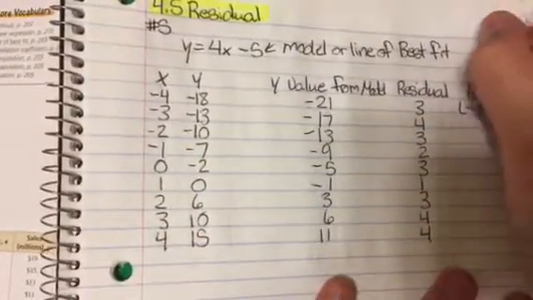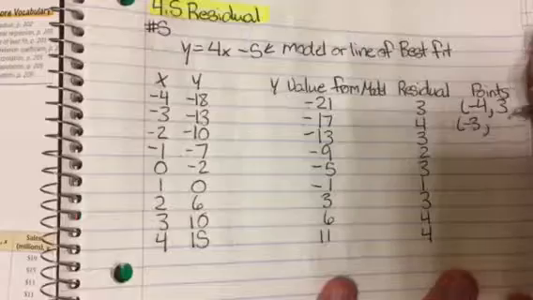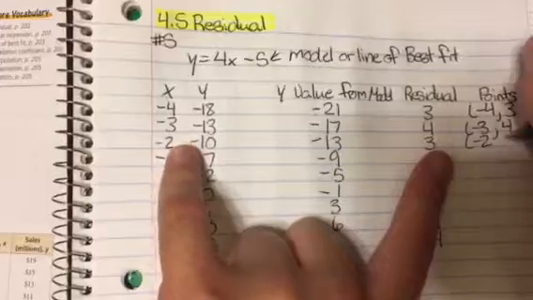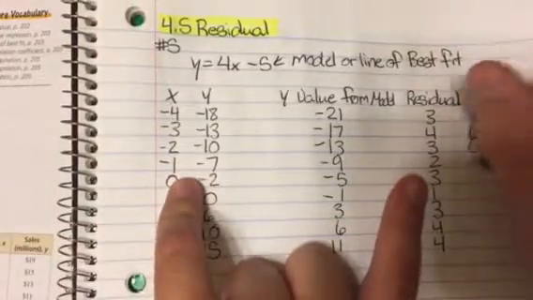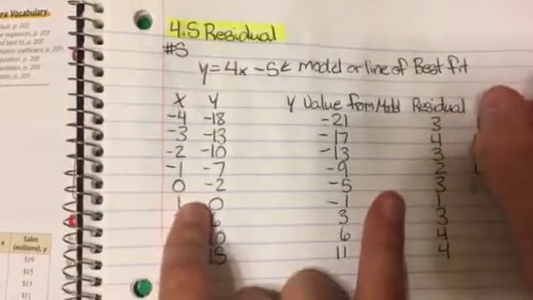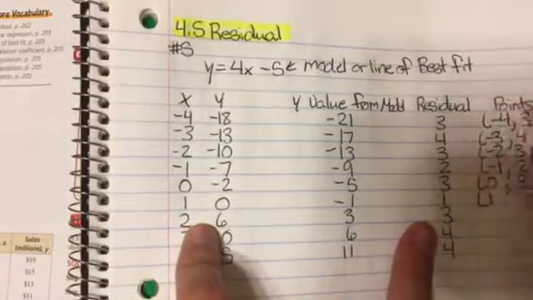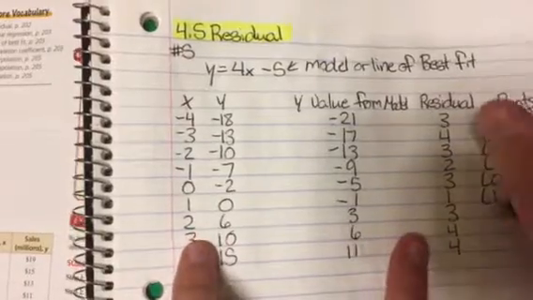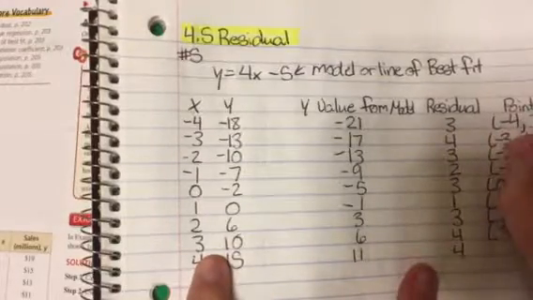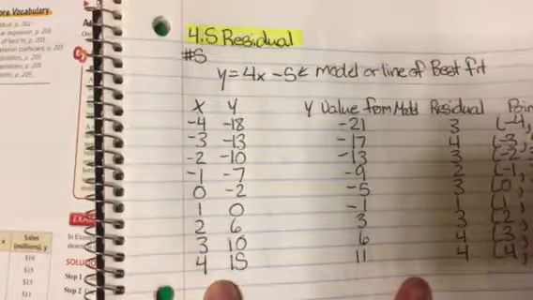So we're going to have -4, 3; -3, 4; -2, 3; -1, 2; 0, 3; 1, 1; 2, 3; 3, 4; 4, 4.